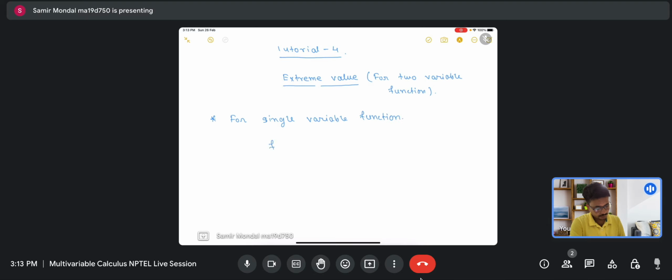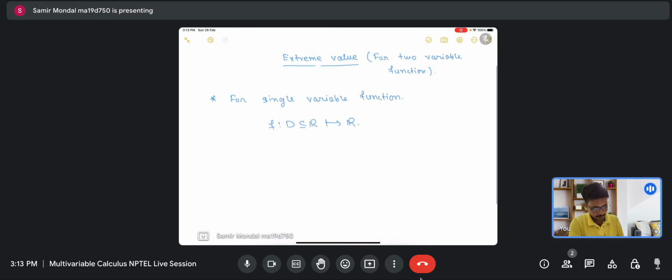Suppose you have a function from a domain which is a subset of R to R. This function is given. So what do we mean by local maxima and local minima? First we will discuss local maxima.